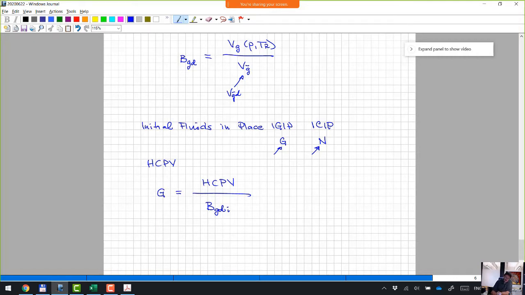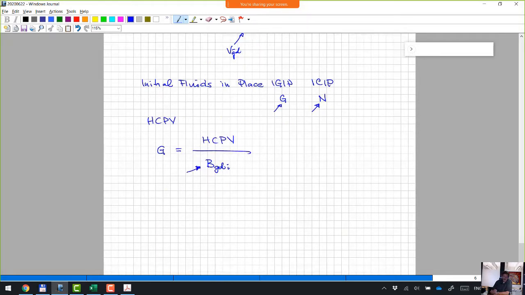But there are no books that give us this equation. There are no books out there that give you that equation. The phase behavior monograph does, but no reservoir engineering books. So we've got to figure out what this is.